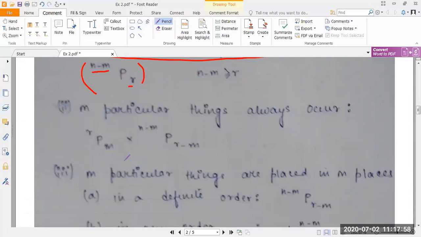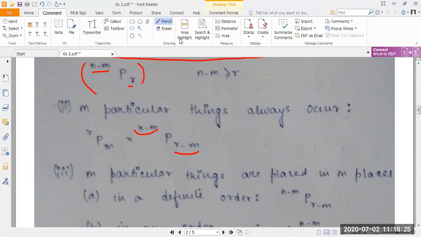Next thing is m particular things always occur. So let's say I have some m favorite balls which always need to occur in my r set of balls. So I remove those m balls that I want in my group. Since I've already chosen m balls in my r balls, I just need to choose r minus m more balls from the n minus m set of things.